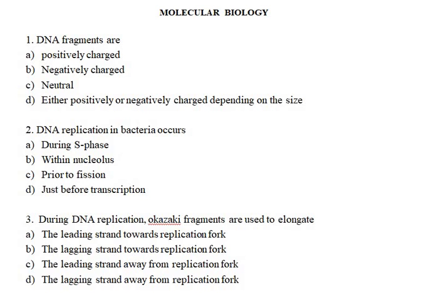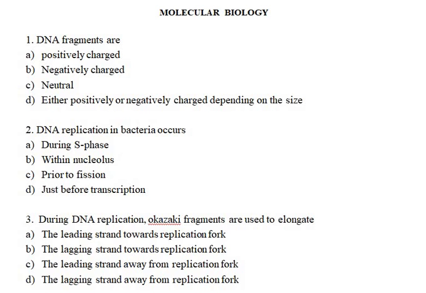option B is the lagging strand towards the replication fork. Option D is the lagging strand away from the replication fork. As the replication proceeds in 5' to 3' direction, the first Okazaki fragment is synthesized towards the replication fork. So the question is, during DNA replication, Okazaki fragments are used to elongate from the first Okazaki fragment.